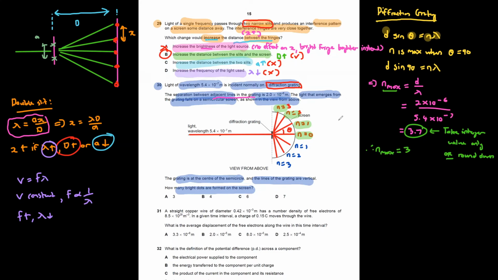This means that when your beam of light is shone through the diffraction grating and splits into different beams, it will only go up to a maximum of 3 beams on either side of your center line. But here the question isn't asking about the maximum order number.